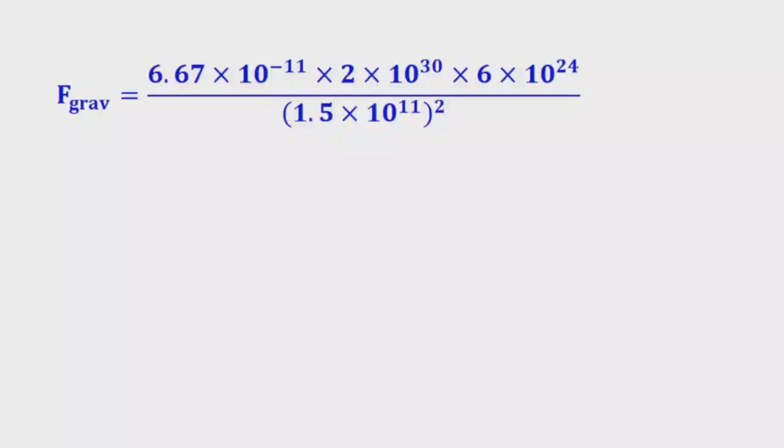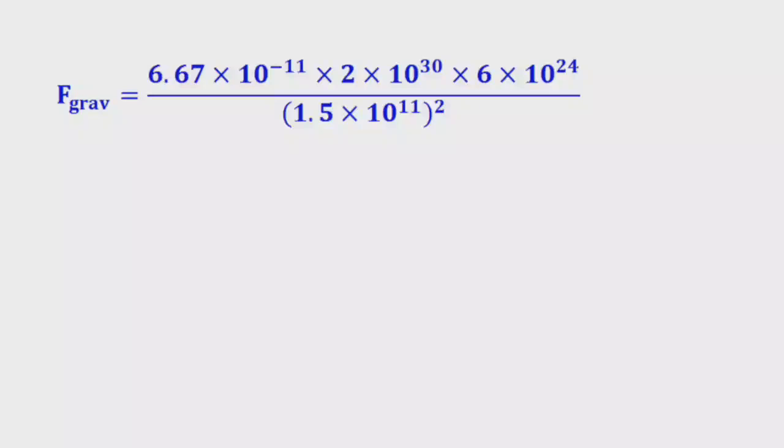If you observe the 10 powers in the numerator, 10 power minus 11, 10 power 30, 10 power 24: 10 power 30 and 10 power 24 become 10 power 54. If you subtract 11 from this, we get 10 power 43.